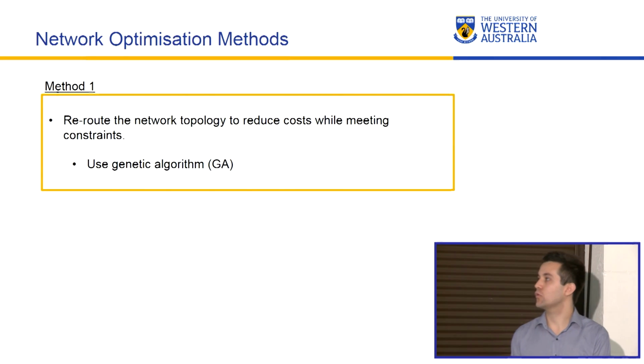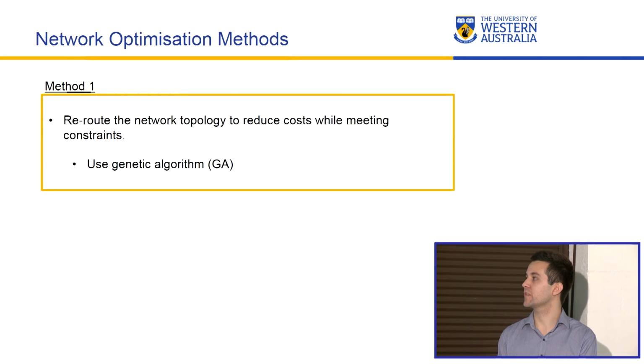So we've applied two different methods to solving this problem. The first looks at rerouting the network topology. So we're saying, physically, if we connect two customers via a different route, is that a more optimal solution? And we're using a genetic algorithm to do this.